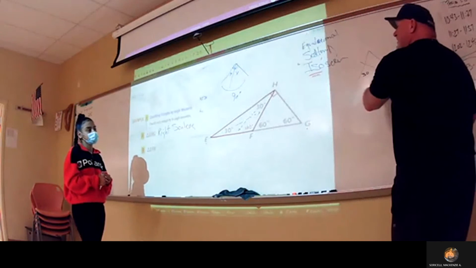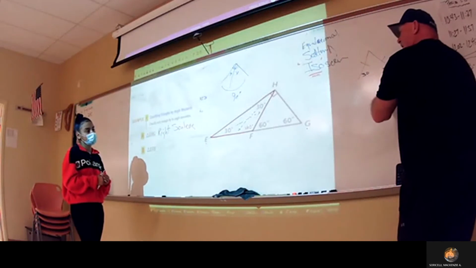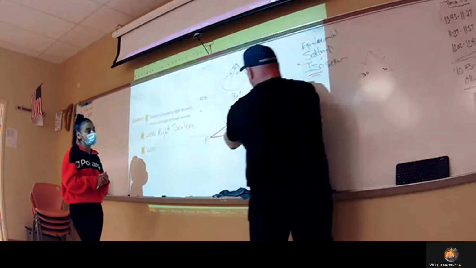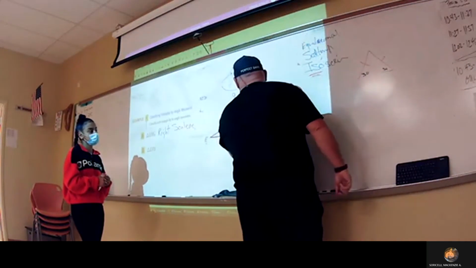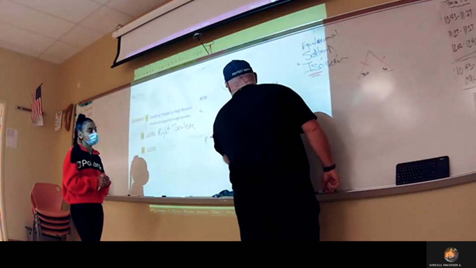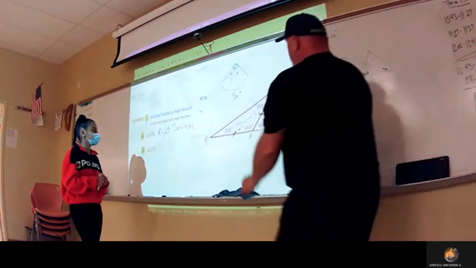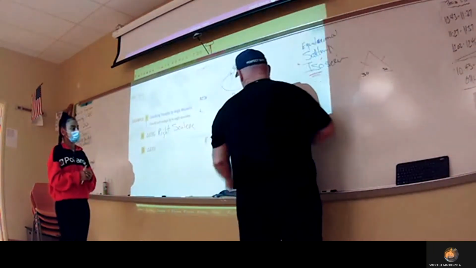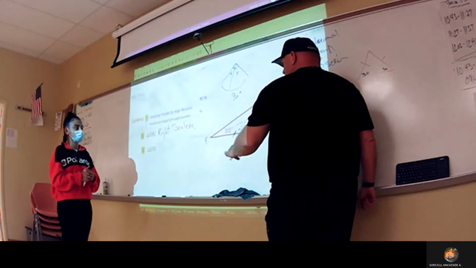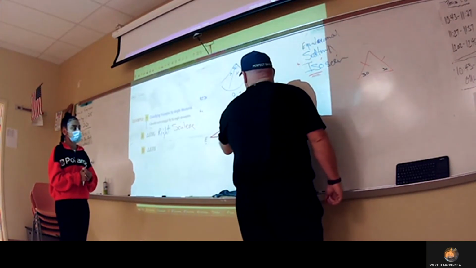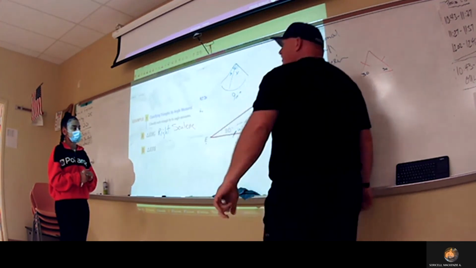The opposite sides and the opposite angles are congruent. So we know that these angles are congruent, so the sides are therefore congruent. So we know that these two sides are congruent because the angles are 30. So what do you think? Do you think this side here is going to be congruent?